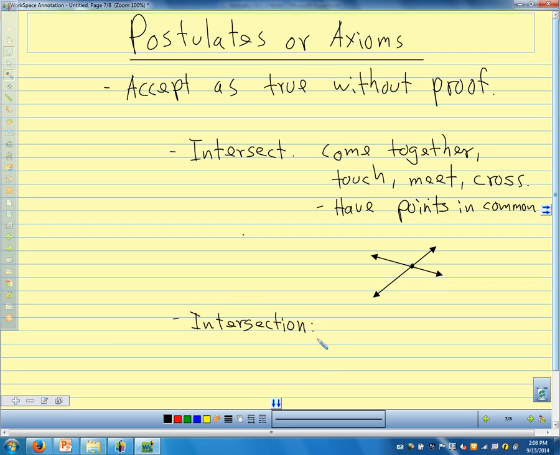The intersection are the points that they have in common. The other way would say the points they share.